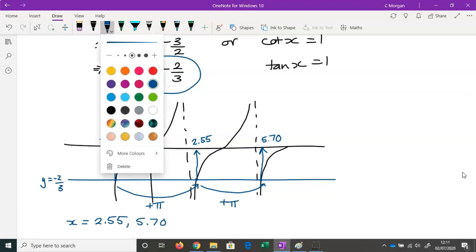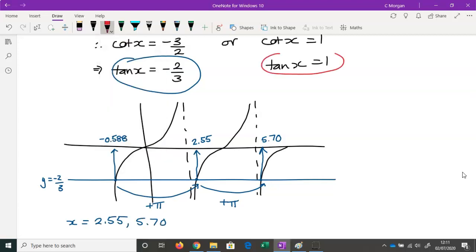Let's go to the other set of solutions for tan x is equal to 1. That's obviously going to be the positive section there. We know that tan of 45 degrees is equal to 1. So if I write y equals 1 there and read down, that's going to be 45 degrees. In radians, that's pi over 4.